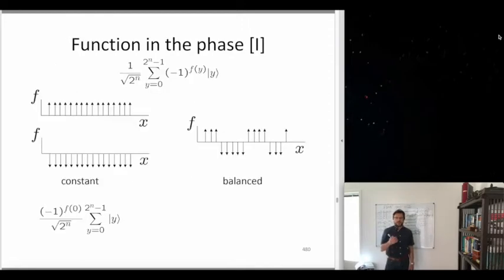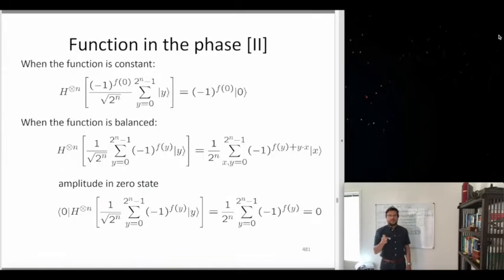What it means is we put the function in the phase. So the function gives us the phase in that case. When the function is constant and balanced, you see some slight differences here, but that's just what we had before in more mathematical detail. Please feel free to go over that.